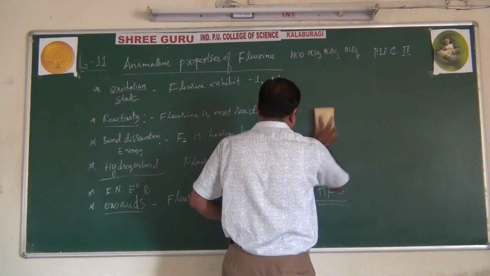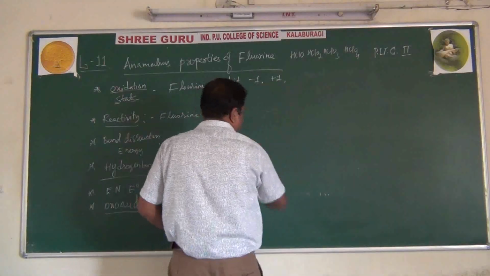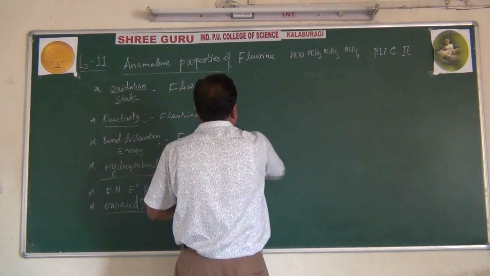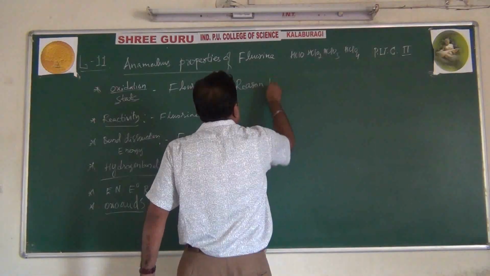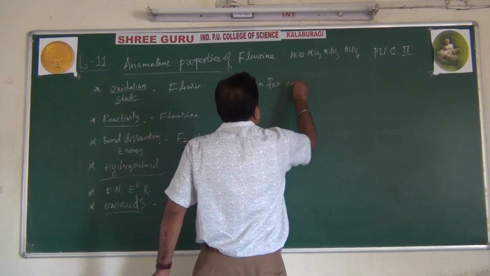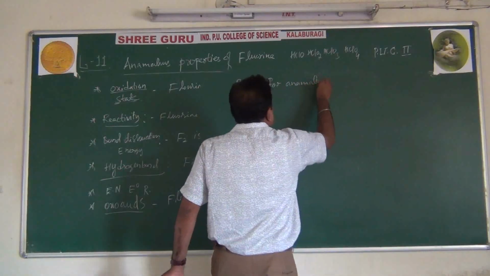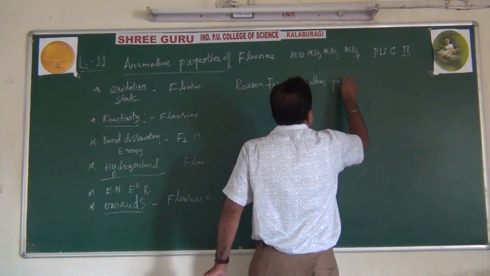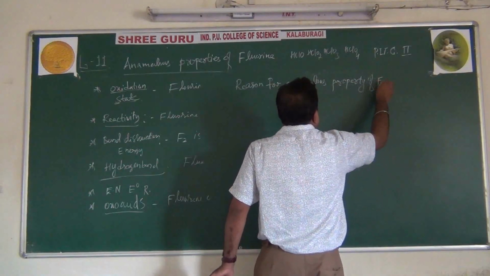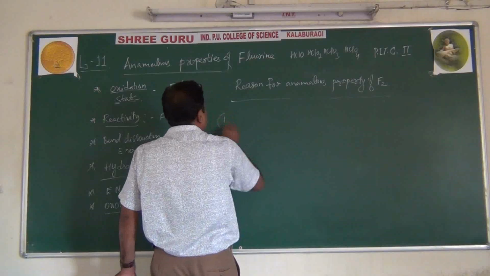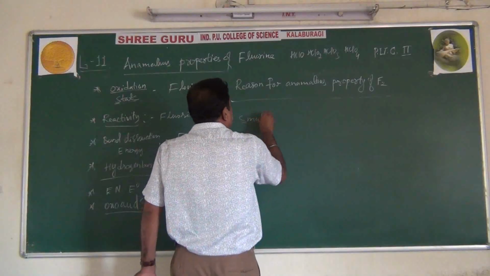Reason for anomalous property. I already told you the reason for anomalous property of F2. That is number 1, smaller atomic size.